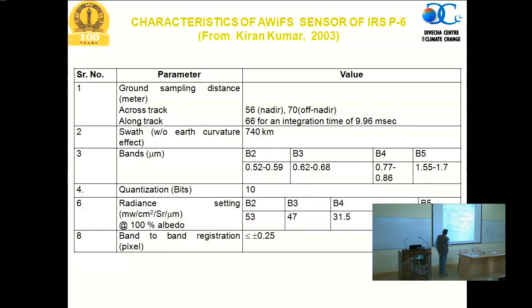First, the first key question of any parameter: what is its spatial resolution? That means how much of the surface on the line the satellite can see, which is known as spatial resolution. Correct? Now if you take AWiFS, how many of you have seen AWiFS data? Which satellite data have you seen?